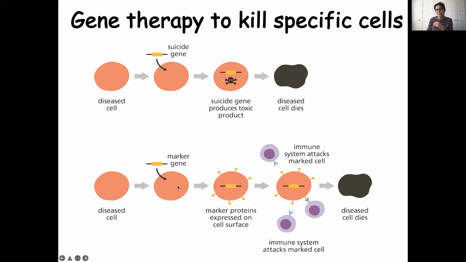So this marker gene is being introduced to the cell. The cell starts to express that marker on the cell surface. Immune cells recognize that marker and they come and attack this cell and the cell dies. So we can use gene therapy to kill specific types of cells.